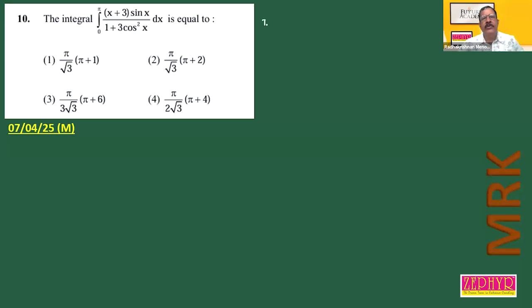I equal to integral 0 to pi x plus 3 sin x divided by 1 plus 3 cos squared.